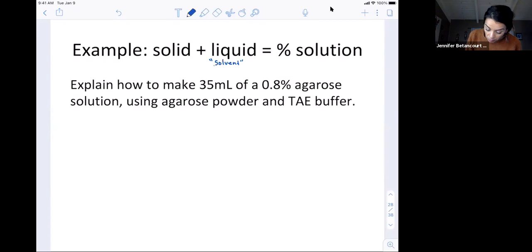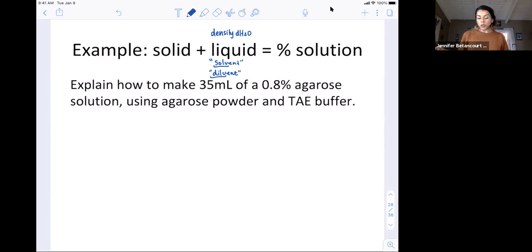And you can remember that you solve in solvent. Other people call it diluent. That's typically used when you're taking a more concentrated liquid and diluting it. That's why we call it diluent, okay? And you can assume the density of water unless otherwise instructed.